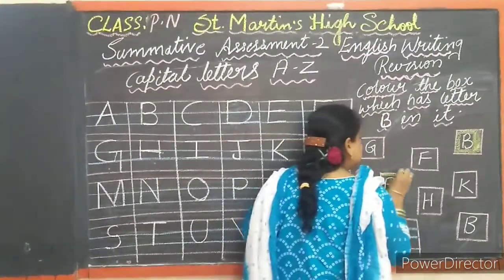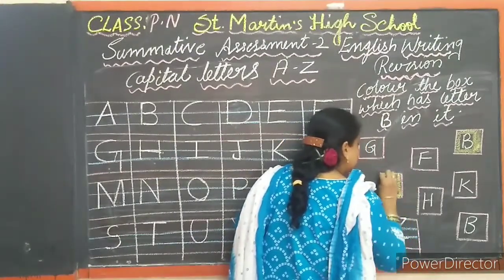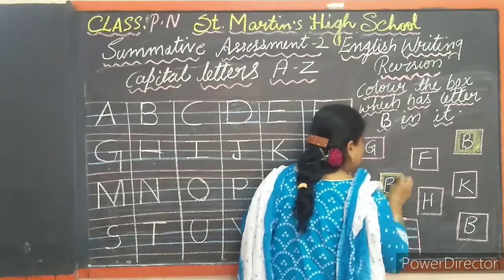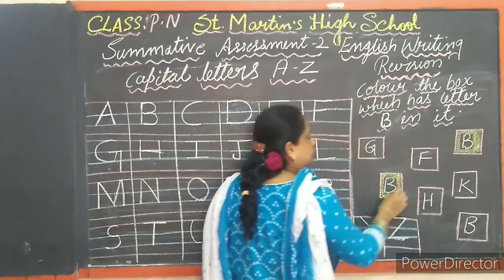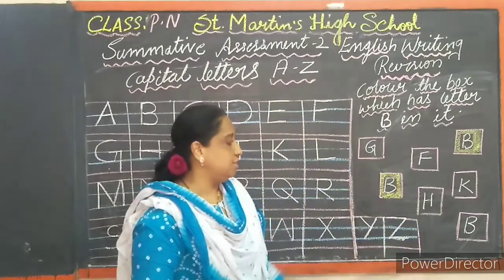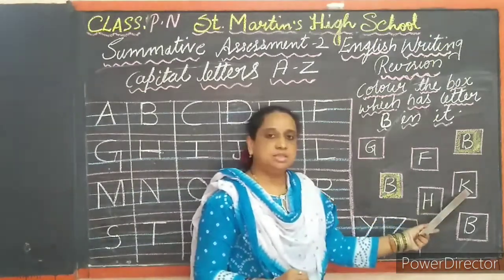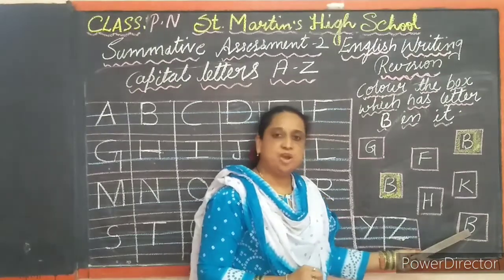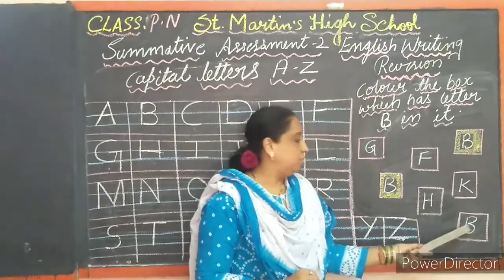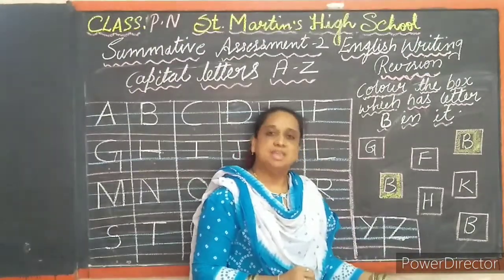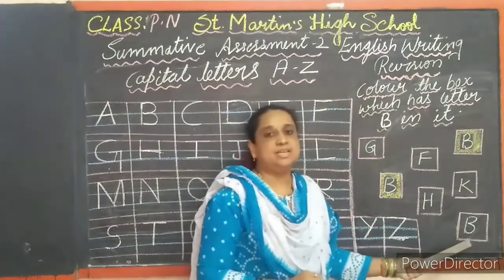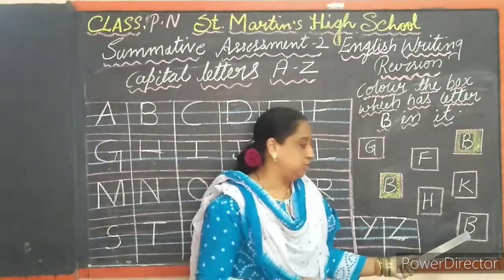Very good. You should color with the help of your crayons. You already have crayons at home, no? So you should color the box which has B in it. Here, shall we color this? No. This? No. This box? Yes. Why should you color this box? Yes, very good. Because it has letter B in it. Very good, children.